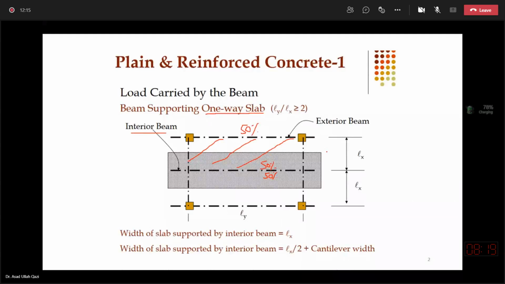So simply we can say that if I have the pressure value known on this slab, I can multiply that pressure with the transverse dimension, which in this case is Lx, because Lx by 2 from adjacent panels, so total it will become Lx. So the pressure on this slab, which is shown in hashed area, into Lx will give me the load uniformly distributed on this beam.